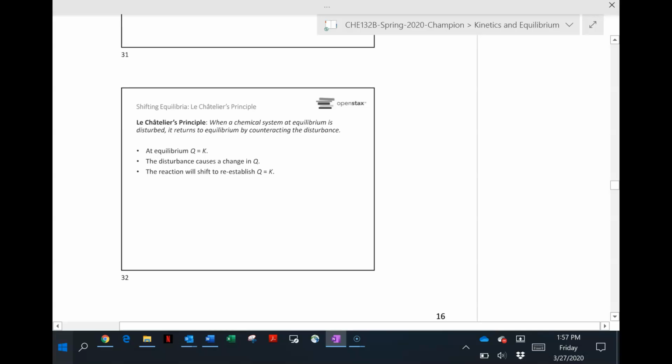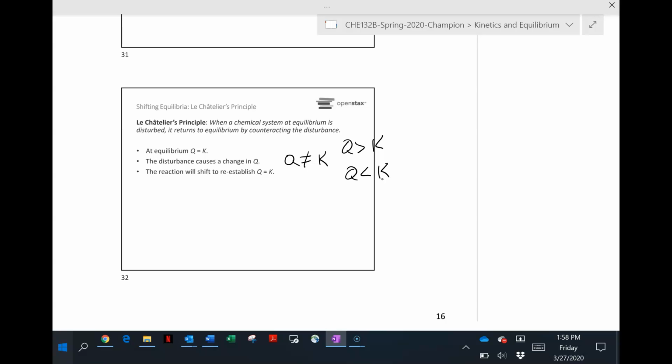So what happens? You've got an equilibrium reaction. It's at equilibrium, and at that point, the reaction quotient Q is equal to K. So you disturb it somehow, and that disturbance changes the value of Q, which means that Q is no longer equal to K. At that point, based on whether Q is greater than K or Q is less than K, like we talked about before, we're going to shift to reestablish that equilibrium.